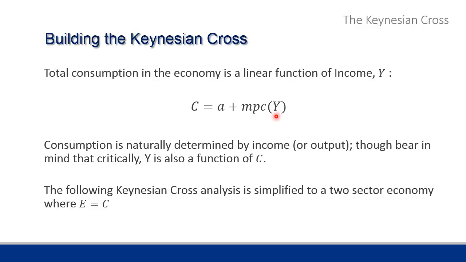So if income is zero, then there will still be some money spent on consumption. So this is the autonomous level of consumption. How much more we spend as our income increases is given by the marginal propensity to consume, the MPC, which is also a key parameter in our model.